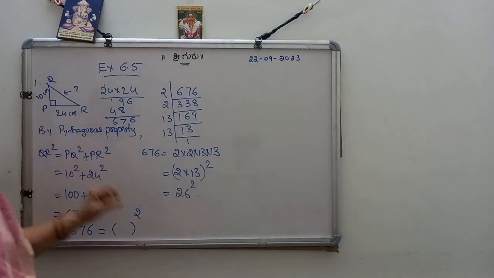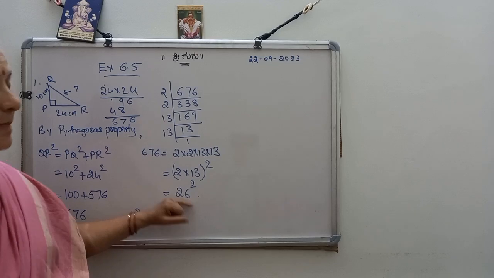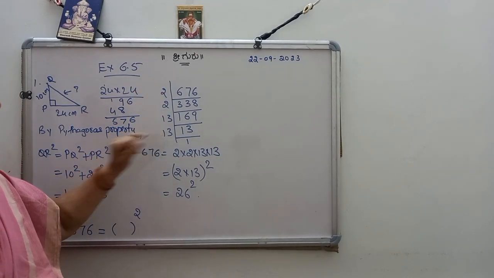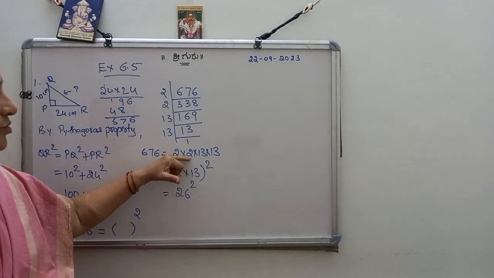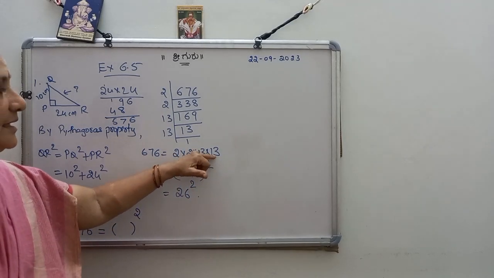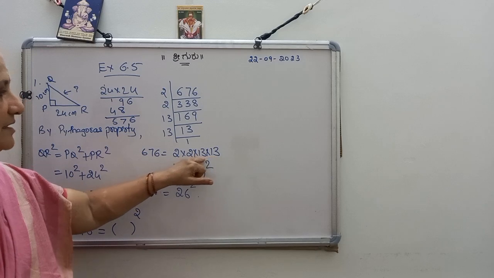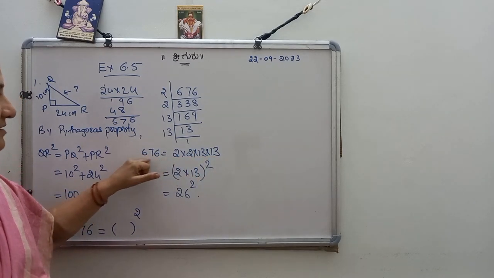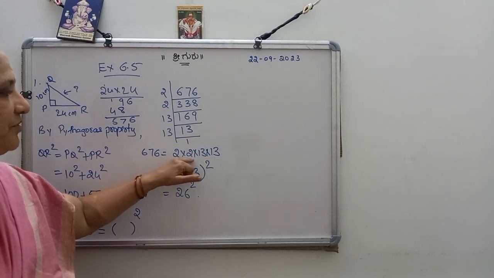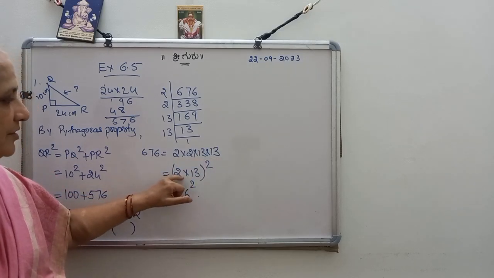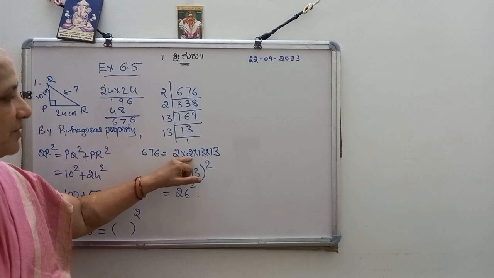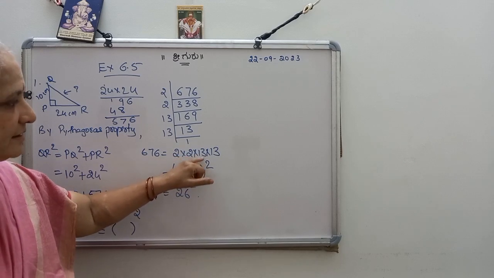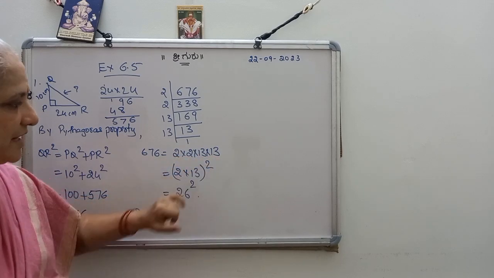How did we find this number 26? By prime factorization and by grouping the same numbers, 2 into 2 and 13 into 13. If you multiply these four factors, you will get 676. And these four factors can be written as (2 into 13) square, because 2 is multiplied twice and 13 is multiplied twice.